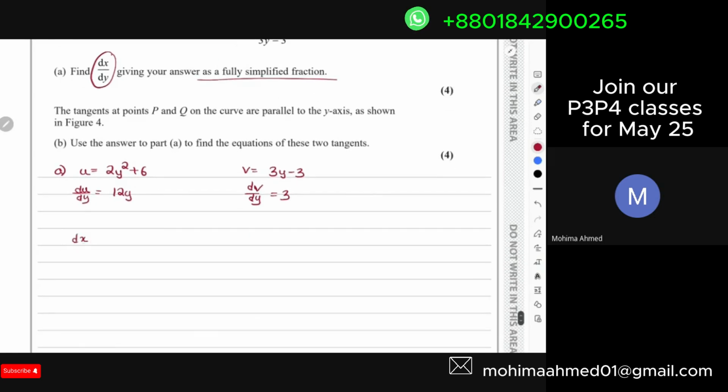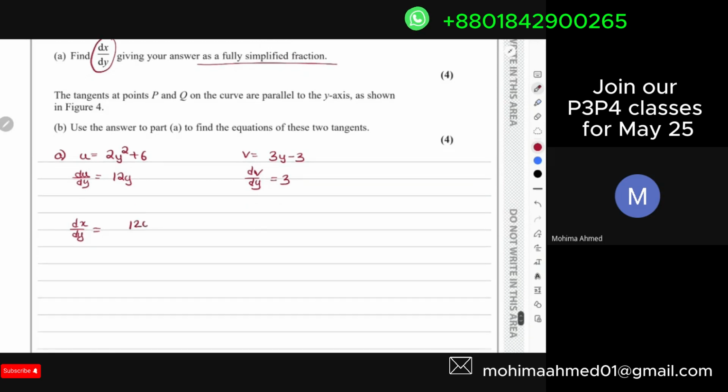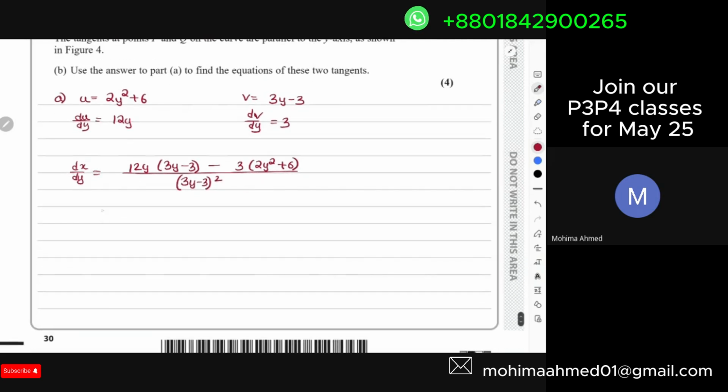So you get your dx by dy, that's going to be 12y times 3y minus 3, minus 3 times 2y square plus 6. And then after this, how much? 12 into 3 is actually 24, right? Yeah. So we get 24y square minus 24.